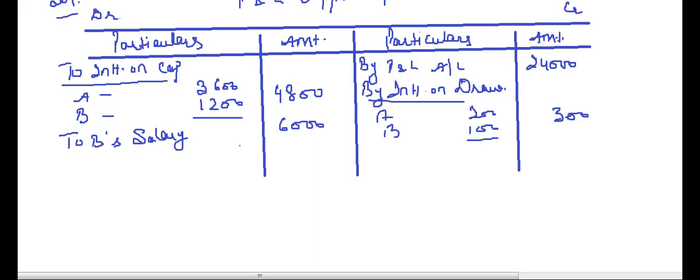Now what is left as profit to be distributed? 24,000 plus 300, that comes to 24,300, minus 10,800. So we are left with 13,500.